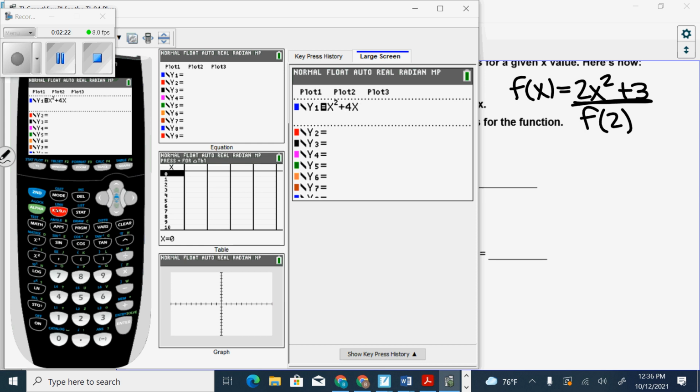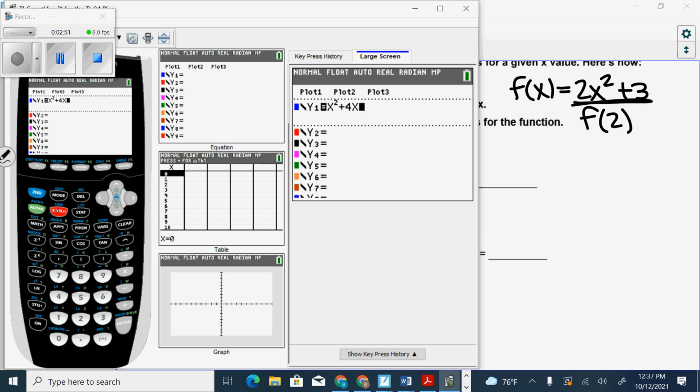Right beside alpha is the variable button. Did you get it typed in? Okay, so we got x squared plus 4x.